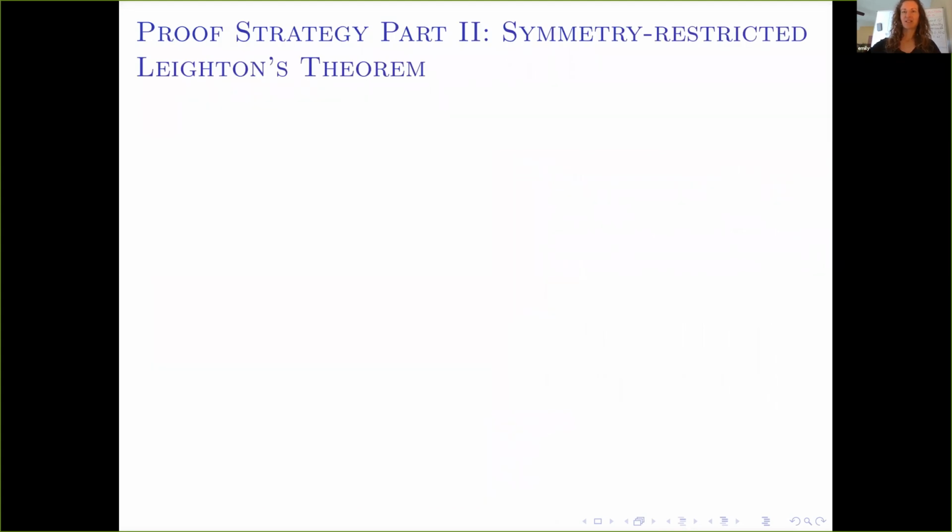Okay, so let me say what goes into proving the existence of these homeomorphic finite sheeted covers. So the main tool we use in the end is a souped up version of Leighton's theorem that was recently proven. So before I write the souped up version, let me rephrase Leighton's theorem.